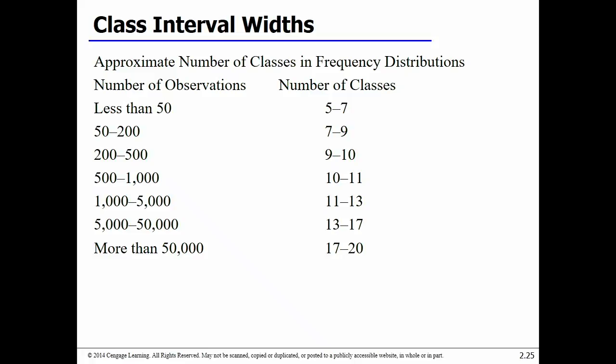So let's divide that up. We're going to take that range and divide it by 119.63. If we cut it up in 7 equal slices, 119.63 divided by 7 gives me 17.09.